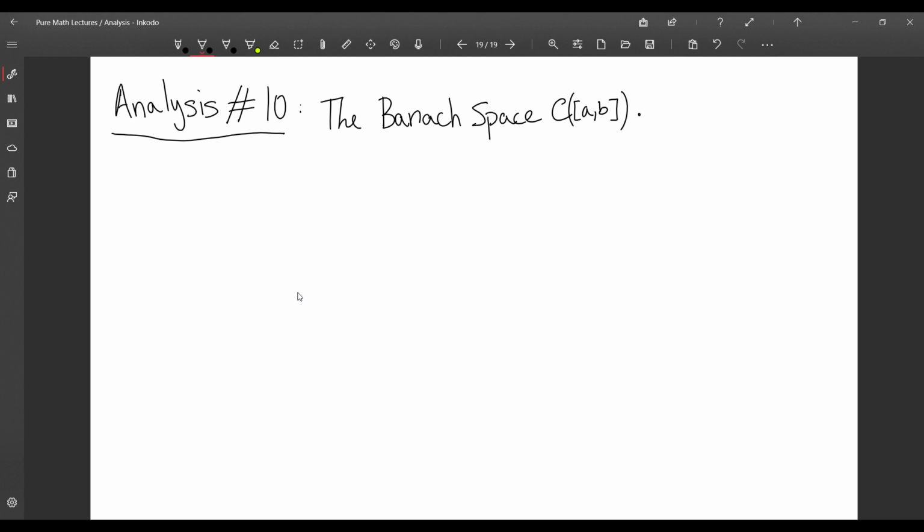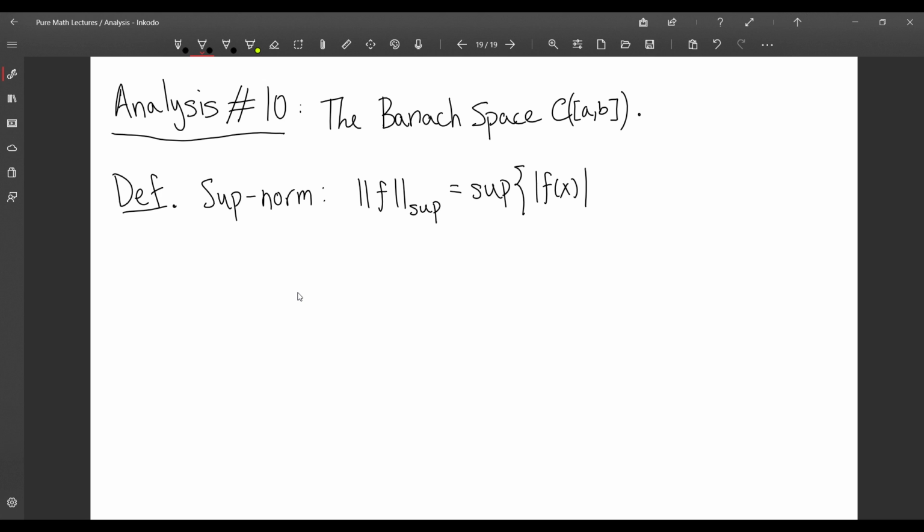So the first thing we're going to start with is defining what is called, definition, the sup norm, which is short for supremum norm, which is that you take a function f, a real function from real numbers to real numbers, and you take the supremum of the set of all the absolute values of f(x), where x is in the domain of the function.